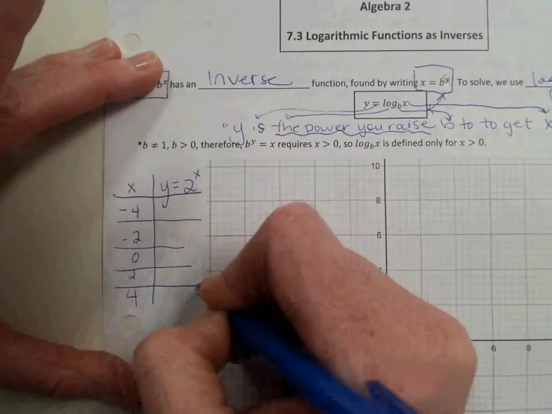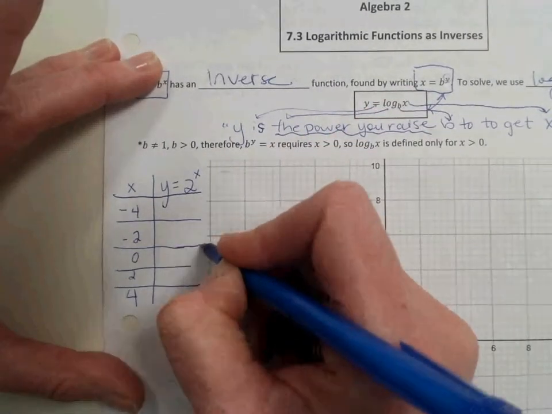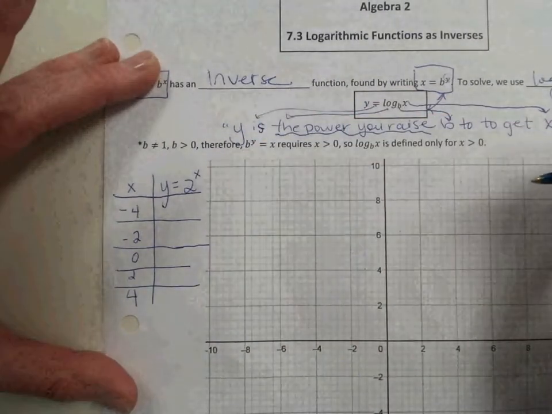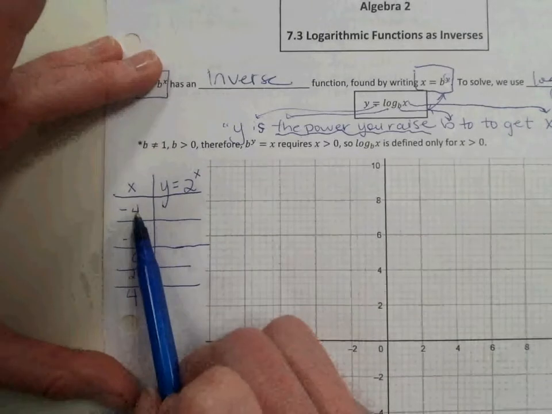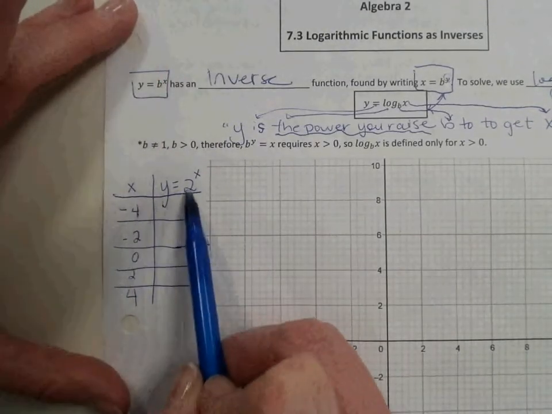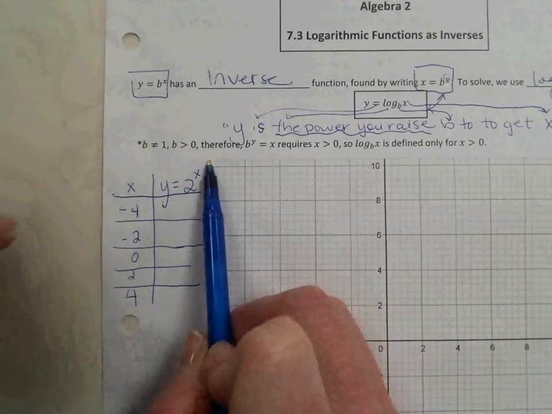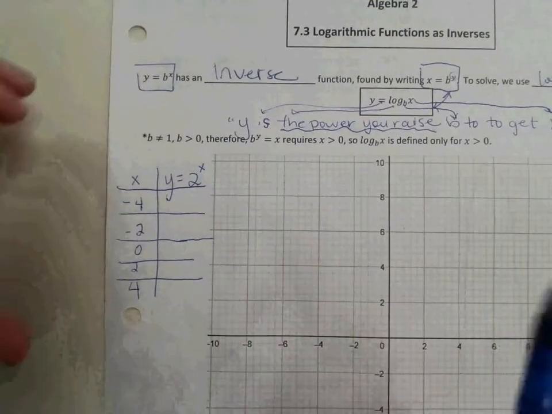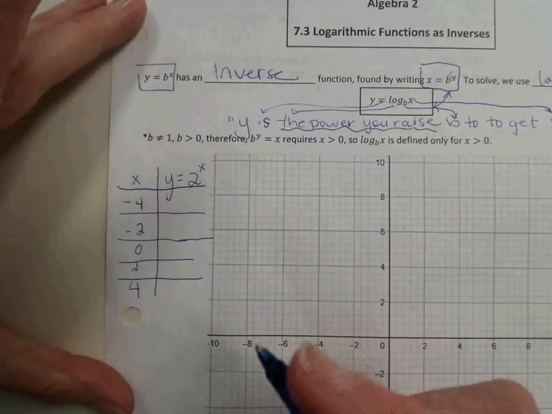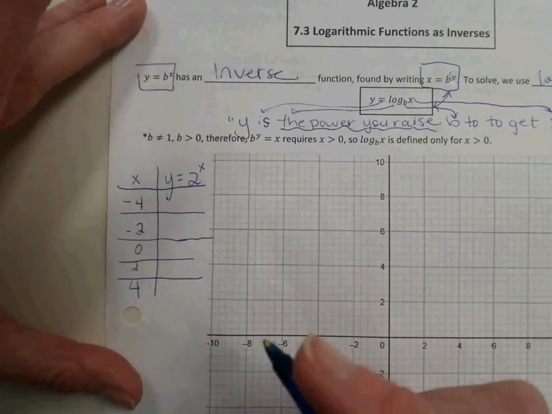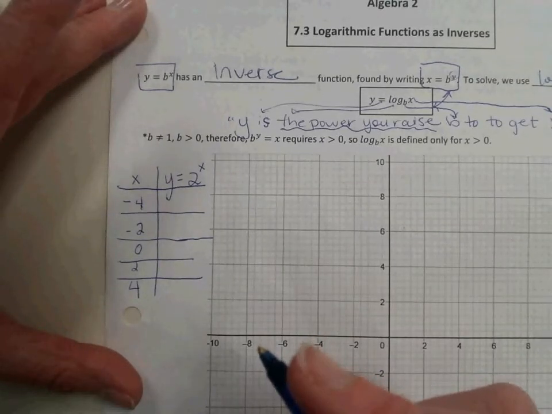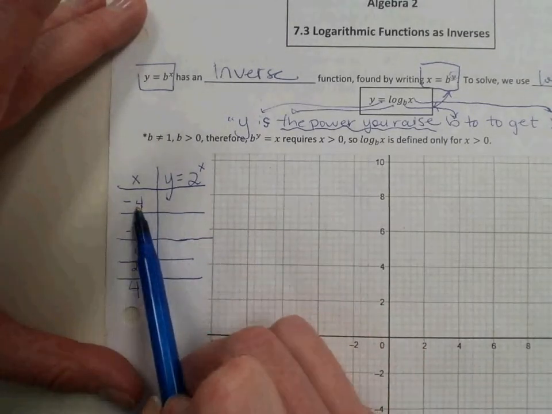And we went through the whole process of simplifying when we did the 7.1 notes, but today I'd just like you to get out your graphing calculator and type in 2 raised to the -4th power. You'll get a decimal answer. -4th, since x is -4.